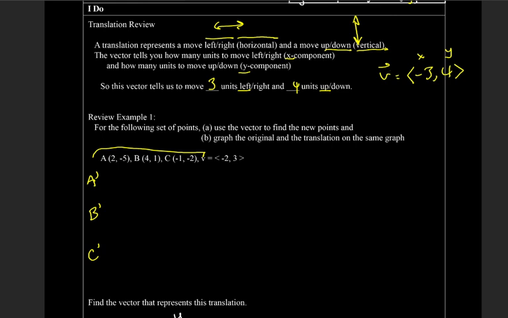So this is fairly simple if you remember. We just take the x, and then we use that x component, just add it right there. Okay, and then our y's, let's write down our y's. And then let's add in the y component.